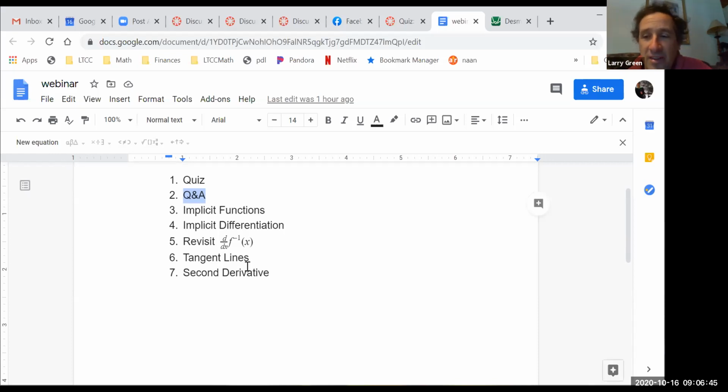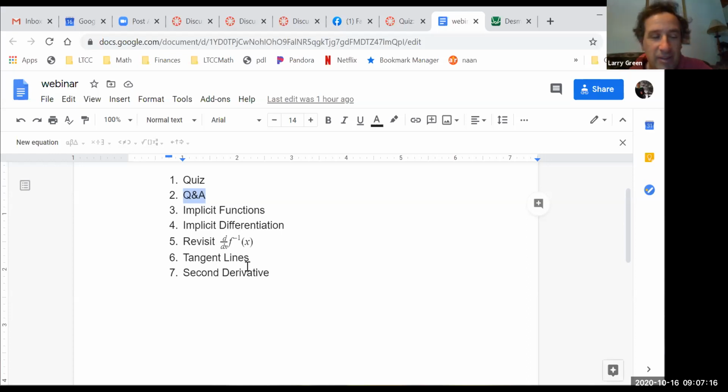Okay, if there's no questions, I think we can talk about implicitly defined functions. First thing is that you've learned what a function is. A function means that given a number, you get a number out in this class. By the way, I would say given an item, you get an item out is a better phrasing, but for this class, we can get away with numbers. That changes, by the way, if you take third quarter calculus.